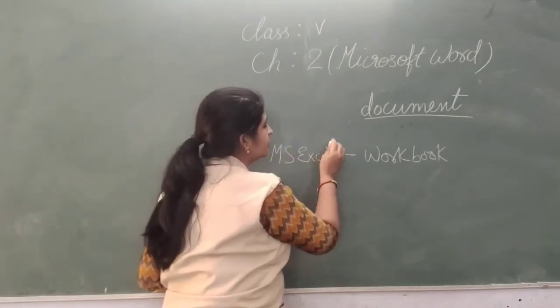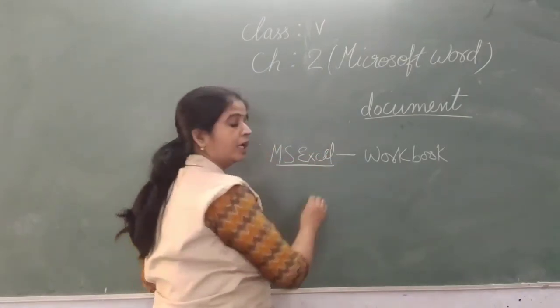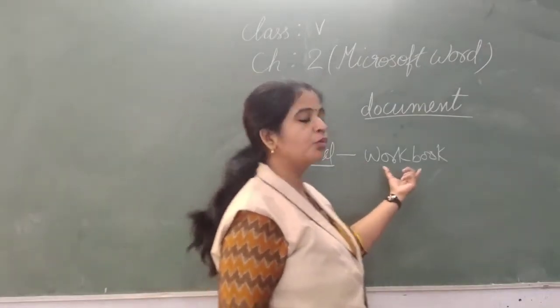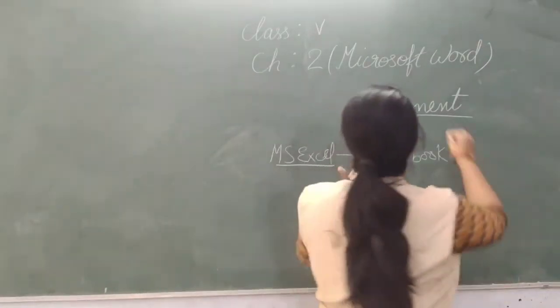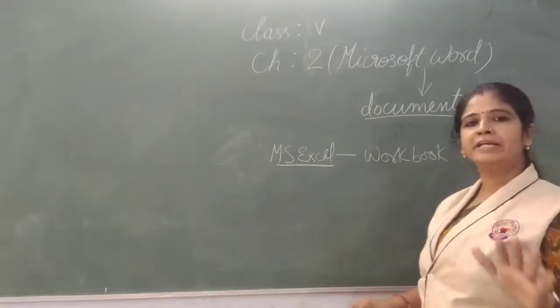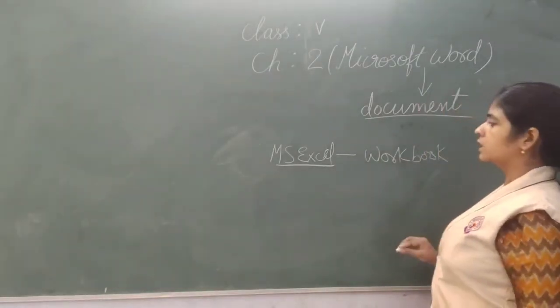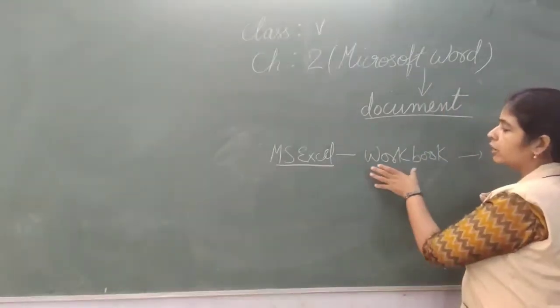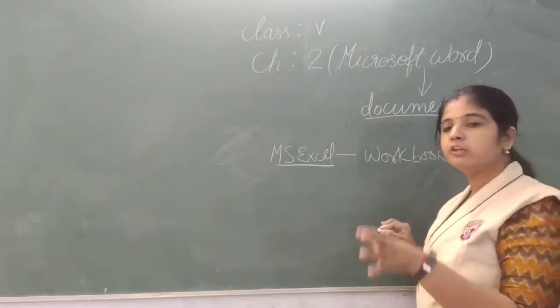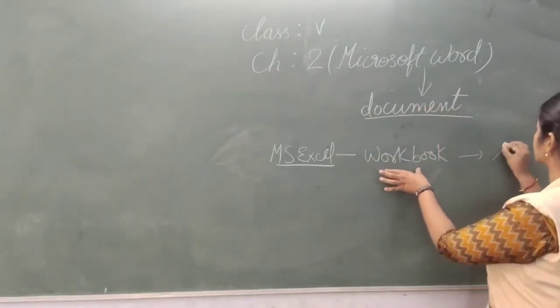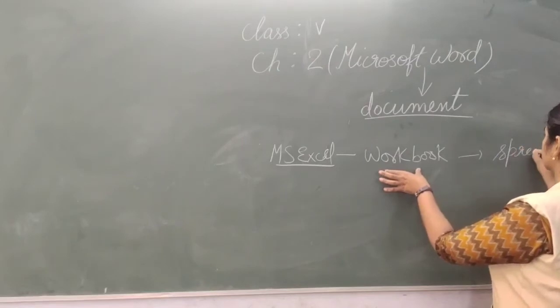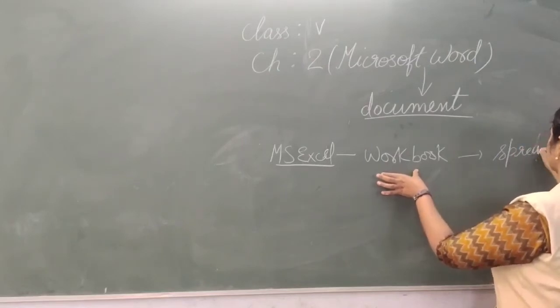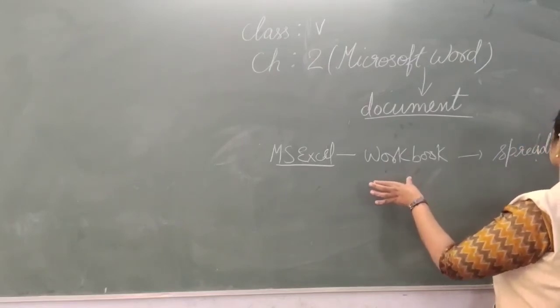In the previous chapter you have learned about Microsoft Excel and the file of Microsoft Excel is known as workbook and the file of Microsoft Word is known as document. Clear? Second difference. The pages of the working area of workbook are known as spreadsheet, S-P-R-E-A-D-S-H-E-E-T.